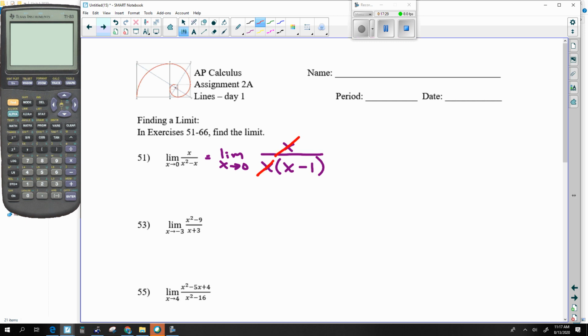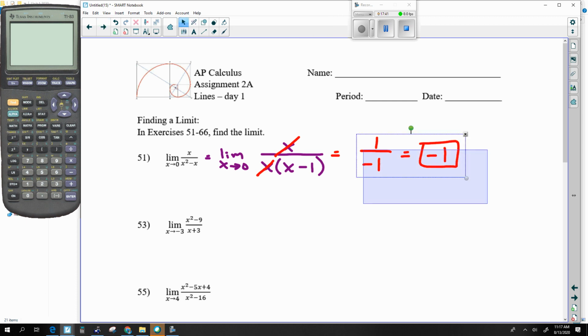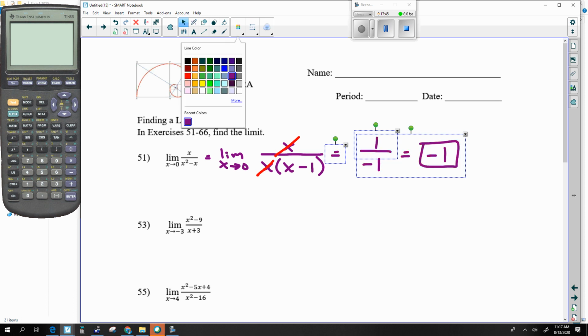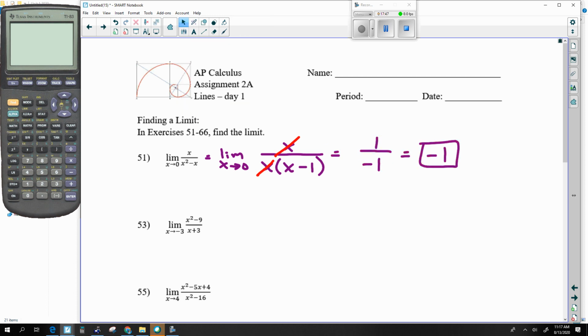And so now I'm able to put in the 0 for all the remaining x's, and this would be 1 over -1, which is equal to -1. Okay. Next.